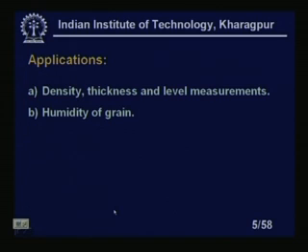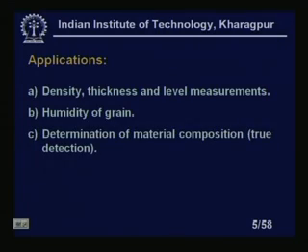Humidity of grain is another example. To store grain, I need some particular humidity to be maintained for good preservation, so measuring humidity in the grain is also possible through nucleonic instrumentation.